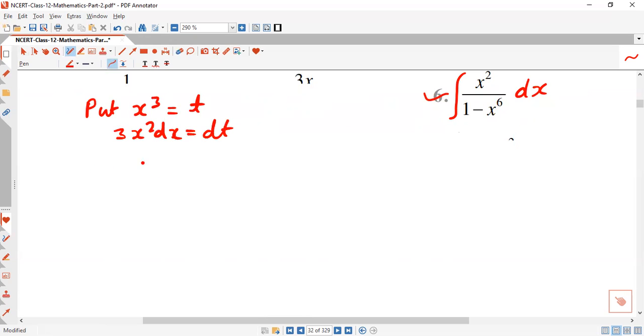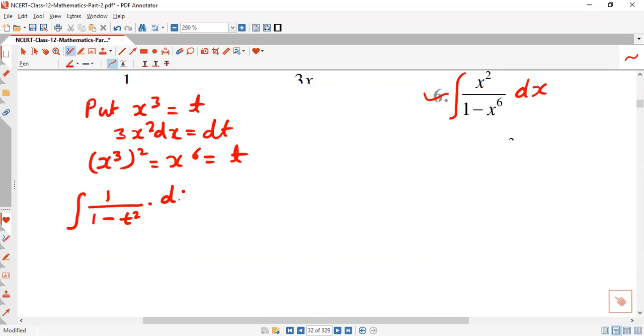So this integration becomes what? x raised to 6, that is x cube square, equal to t square. The x square dx will become dt by 3. Let's write the numerator first: 1 upon 1 minus t square, and x square dx can be written as dt by 3.